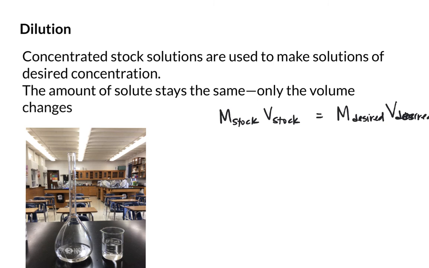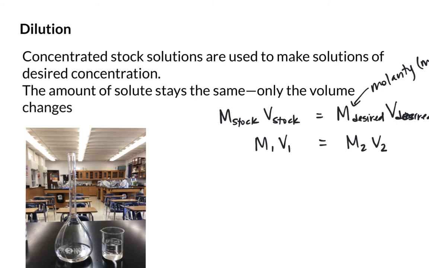Okay, we can also write this as M1 V1 equals M2 V2. And here we're talking about molarity. So remember, this is molarity, which is measured in moles per liter.